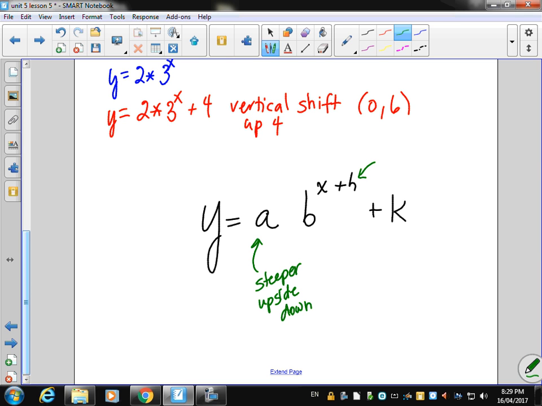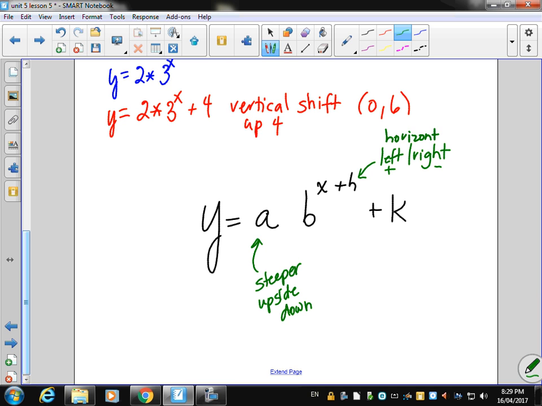The plus h will move it to the left or to the right. If it's plus 3, we moved it left. If it would be subtract 3, it would be 3 to the right, backwards, because it's a horizontal change.